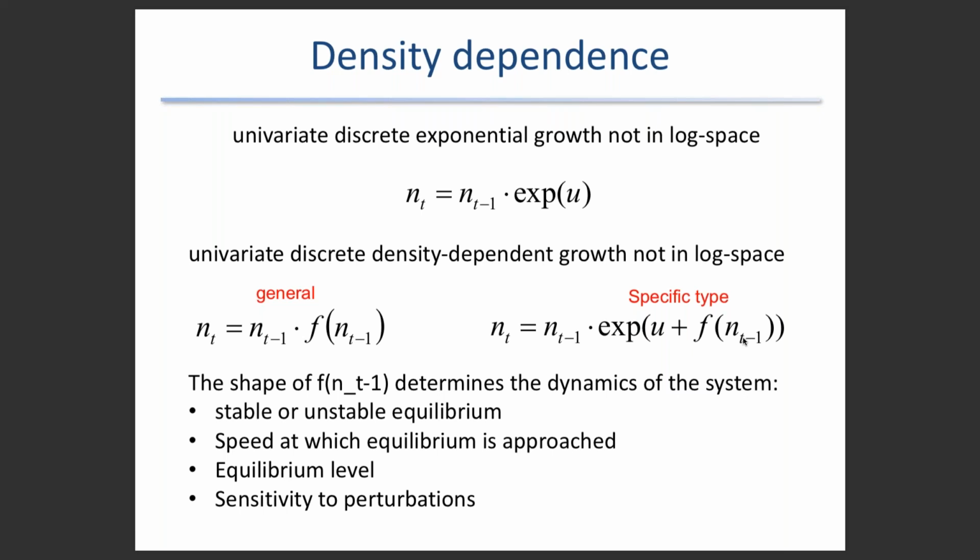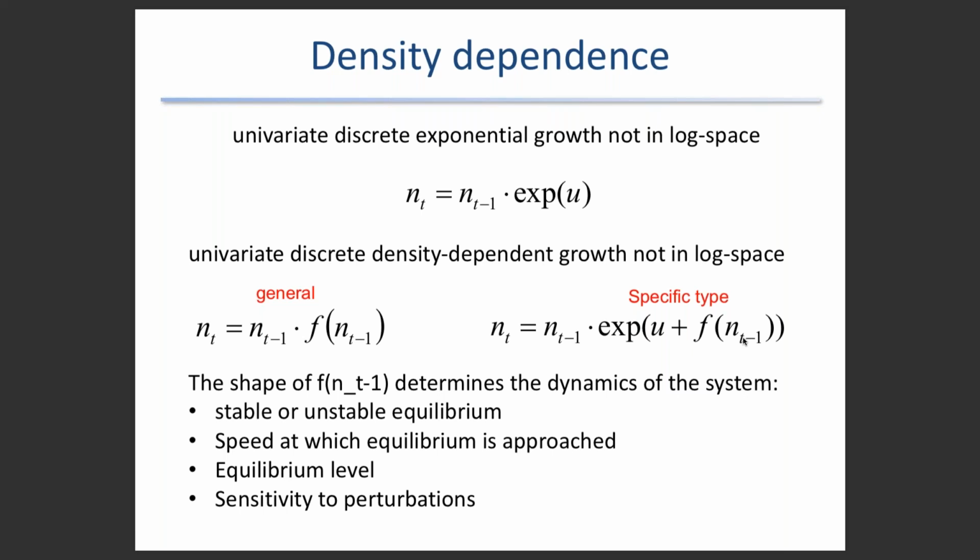A little more specific type of that function is if we took this exponential growth function, so we had u here, and then we had u plus some function. And now this is going to go negative as this gets really large. So the result is that as this gets really large, this is going to get really small.